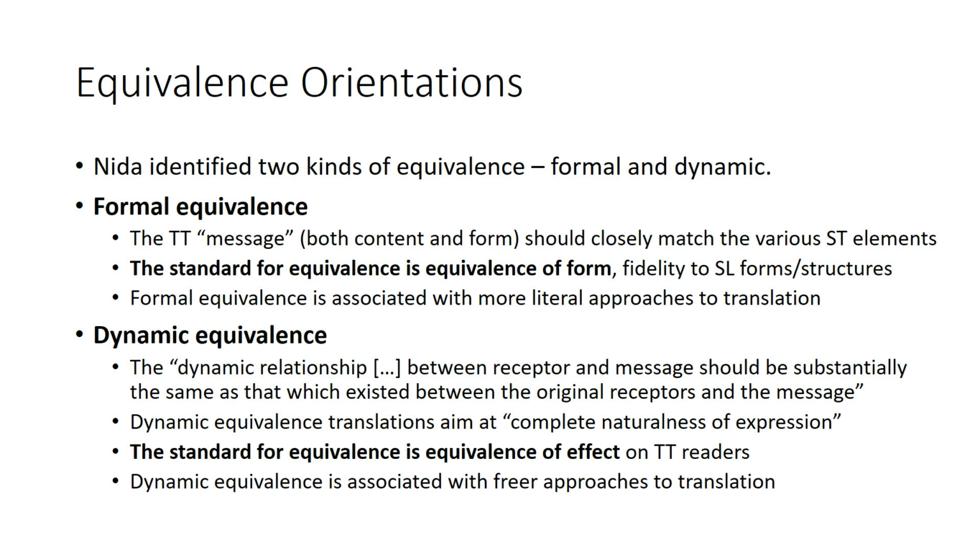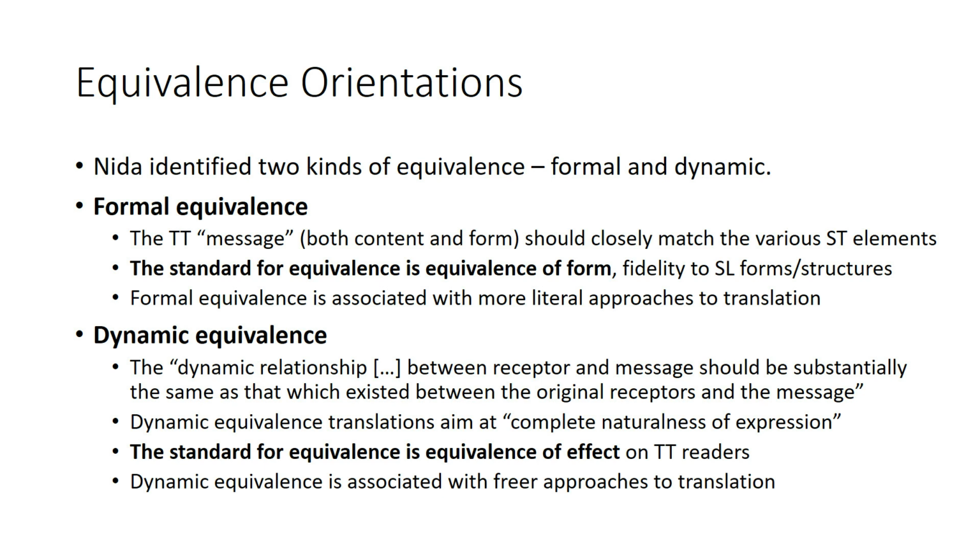When we talk about equivalence and the idea of equivalence types, what types we might want to focus on, what I call equivalence orientations, this person always comes up, Eugene Nida, who was a biblical translator and translation studies theorist. Now, Nida identified two kinds of equivalence orientations, what he called formal and dynamic equivalence.